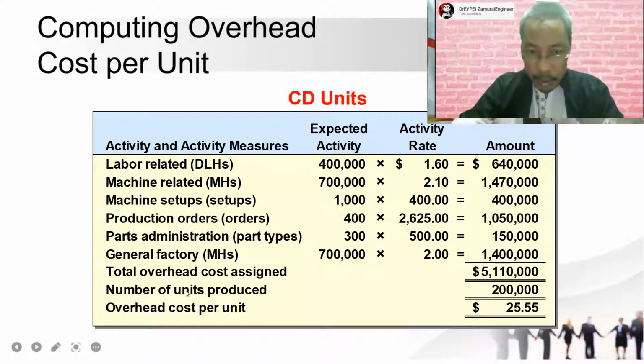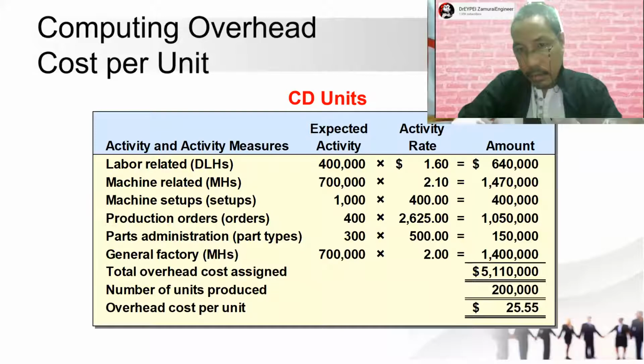Look at the number of units produced, second to the bottom line. As you can see in this page, the number of units produced is 200,000, while in DVD we only produce 50,000. So that is times 4, no?